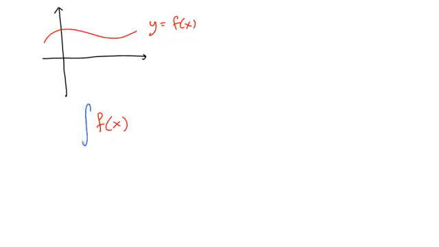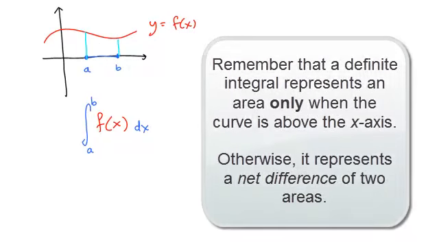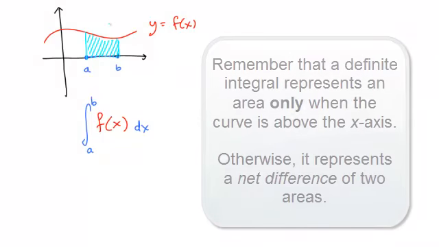We integrated such a function with respect to the variable x over an interval. What this represented was we would take the domain of the function, look at a small interval inside that domain, the interval from a to b, and then this integral would represent the signed area of the region between the x-axis and the curve of the function.